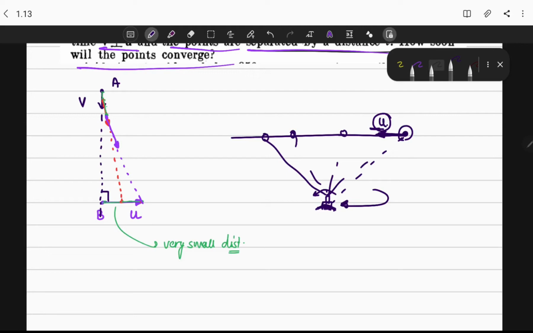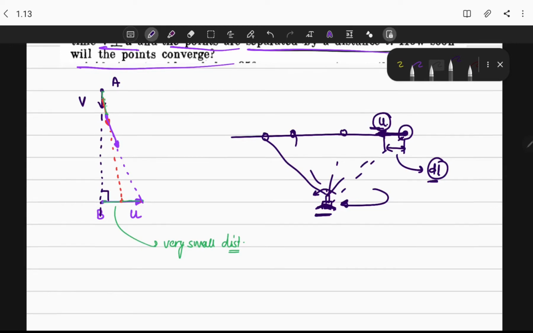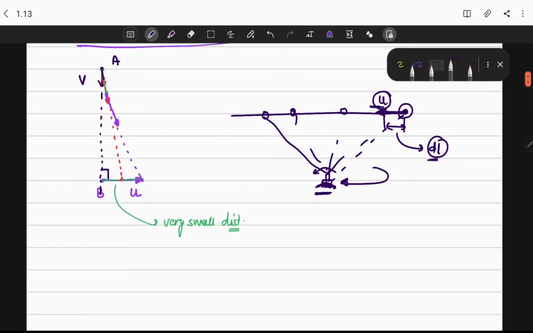Till then the object has moved by a certain distance, let me call it delta L. So in that case we cannot move the radar system continually, there will be some sort of lag. But here there is no lag, and that's why A is continuously moving in the direction of B.